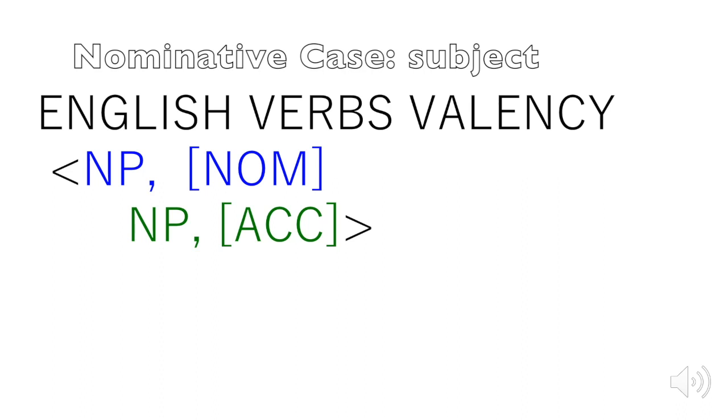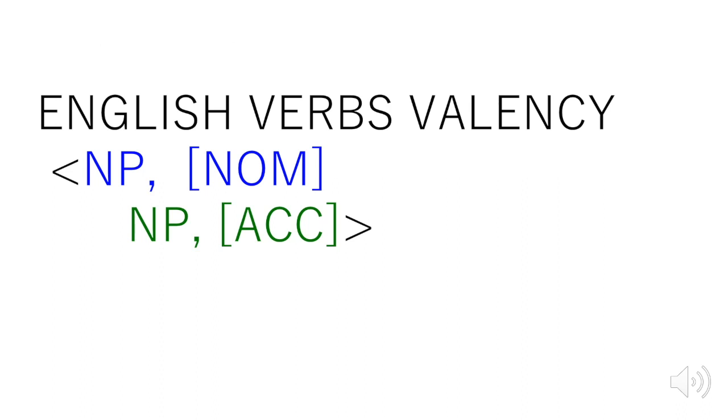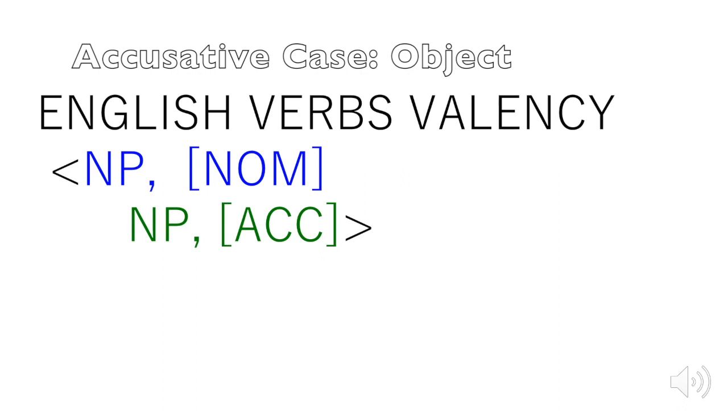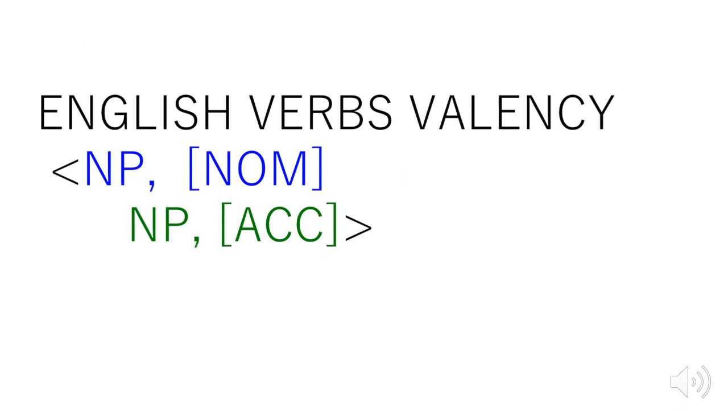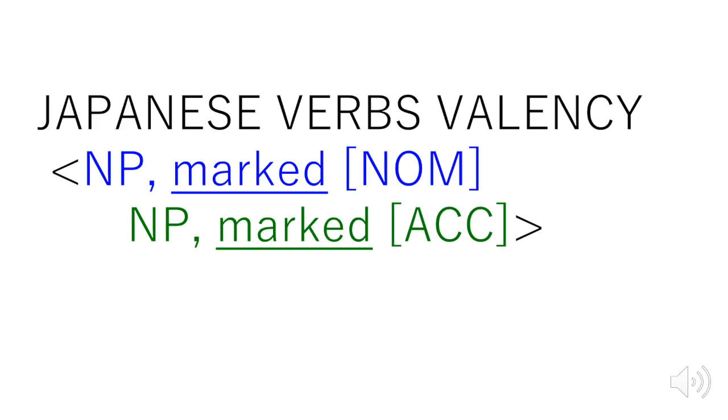Here's the information for English verbs. We need a subject, noun phrase, and an object, noun phrase. However, the information in Japanese verbs is slightly different.